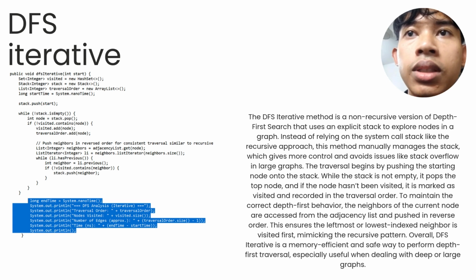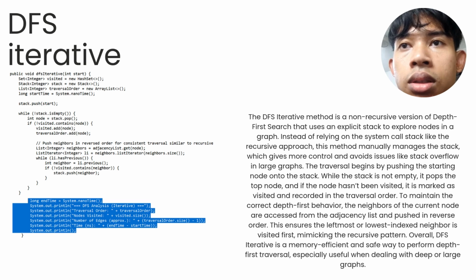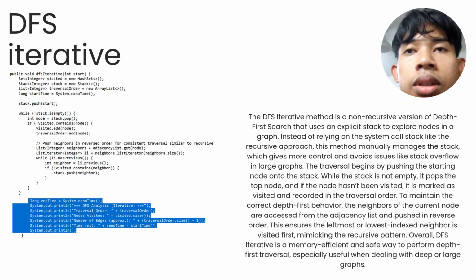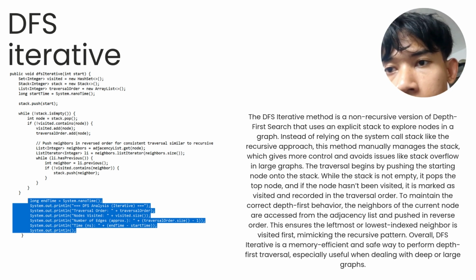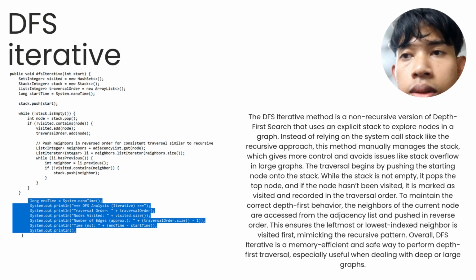It will start with a Set of Integer visited as a new HashSet, and a Stack of Integer stack as a new Stack. I also create an ArrayList for traversal order, for storing the nodes given.